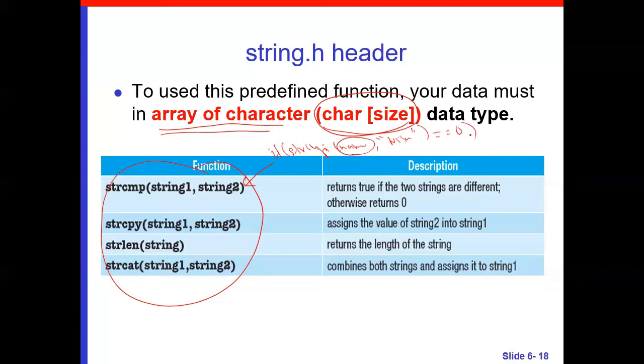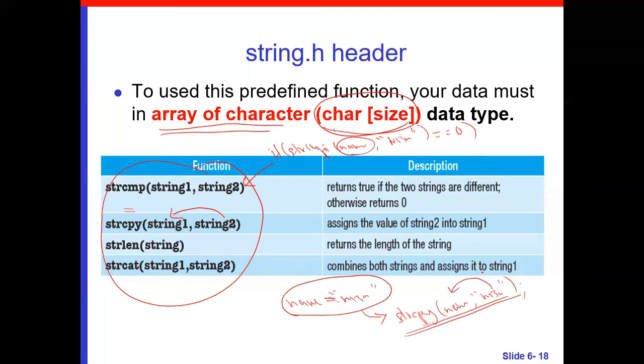For strcpy, we want to copy or assign the value of string 2 into string 1. Usually strcpy is the same as the assignment statement. For strlen, this one returns the length of the string.